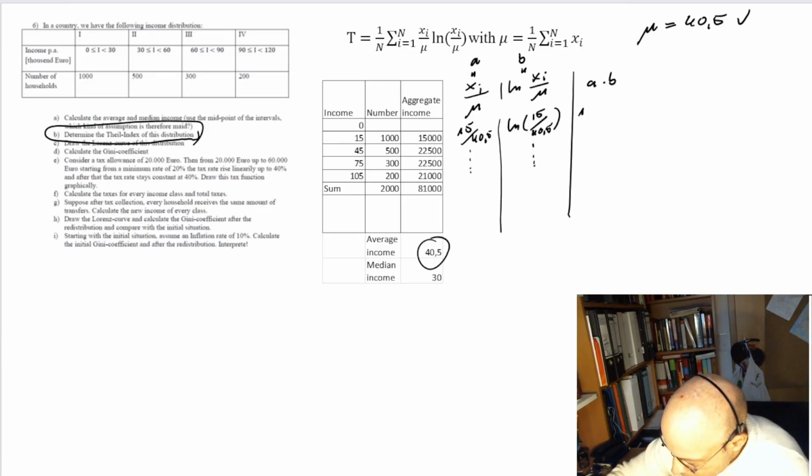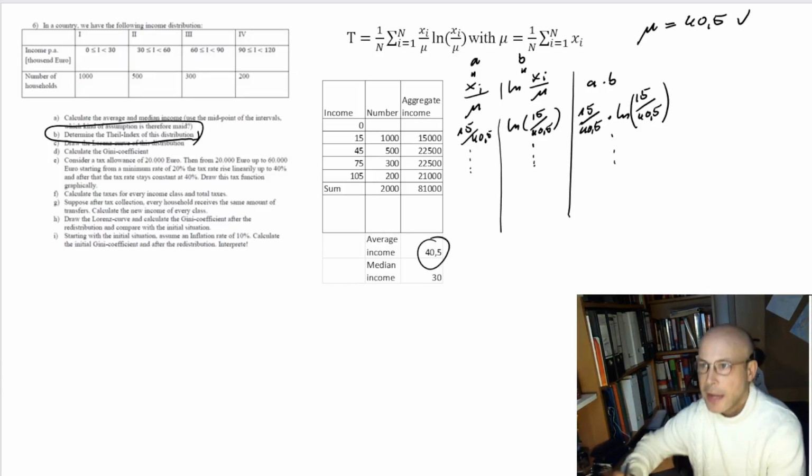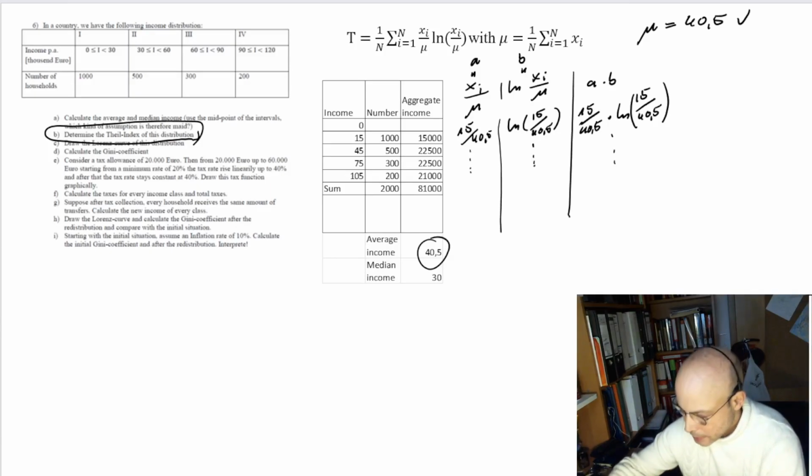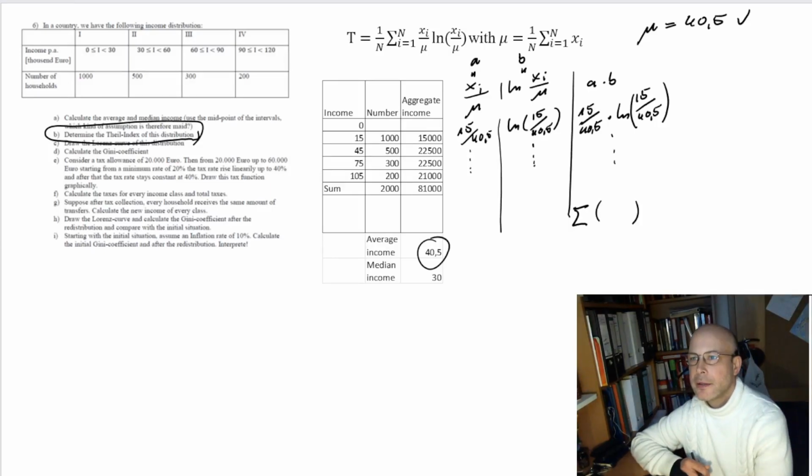So we put here A times B. This would be then 15 over 45 times ln 15 over 40.5, and then the sum of all this, and the last step.